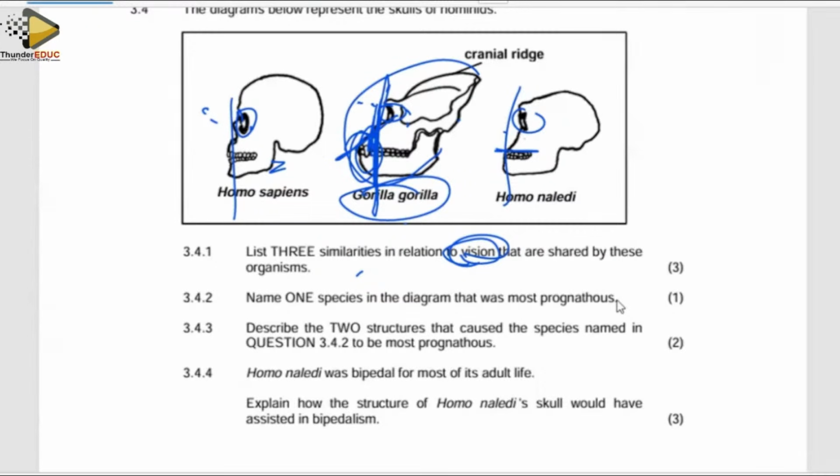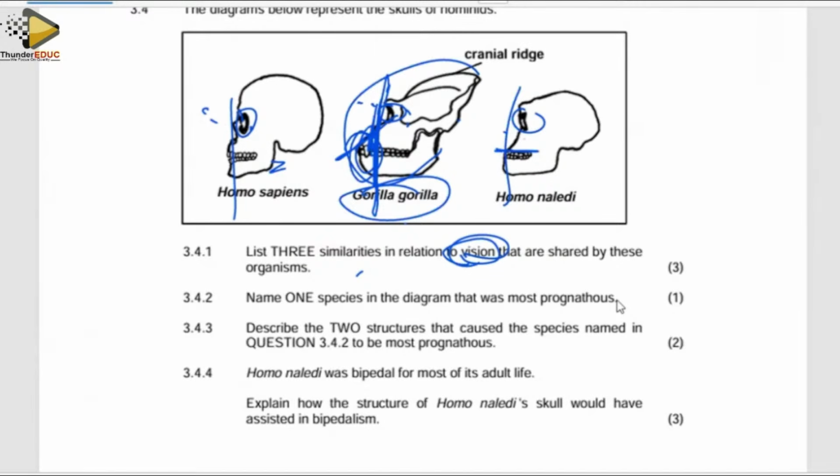If you check here, it's protruding out much more compared to this one and this. So it means that is the gorilla. That's the answer. Describe two structures that caused the organism named above to be most prognathous. First of all, if you look at it, it has protruding jaws.